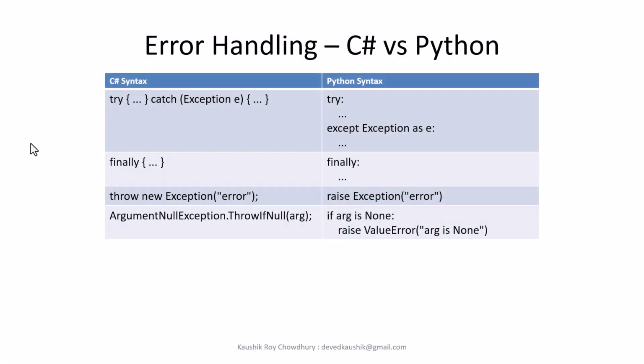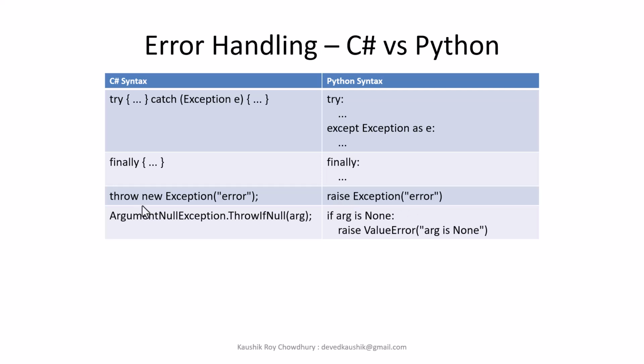Right, and then error handling. Error handling in C# and Python are quite similar, except in C# it is try catch exception, and here it is try and except exception as e. And this is no catch, it is except. And then of course finally, and instead of throw new, we raise an exception with raise.